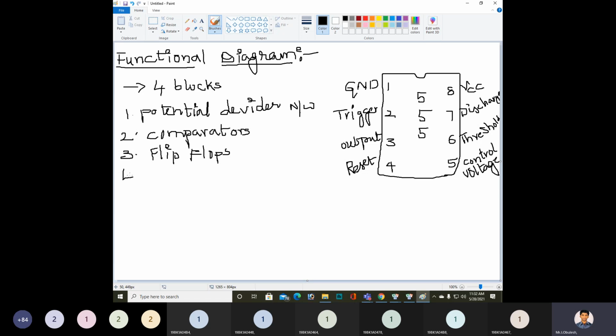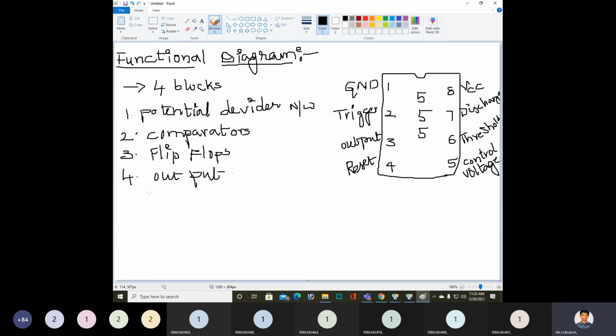Fourth one is output. The functional diagram of this IC 555 timer consists of 4 blocks: potential divider network, comparators, flip-flops, and output. So this is the diagram.